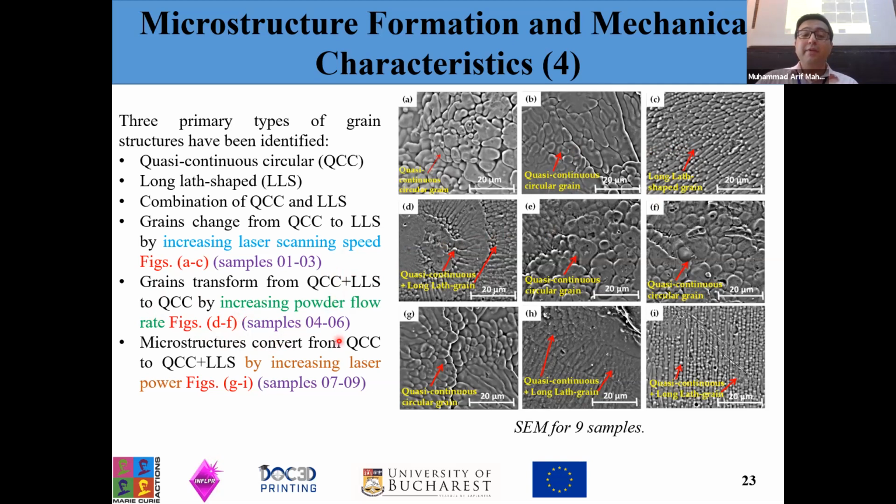And when we are increasing the powder flow, the grains changed from a combination of quasi-continuous circular and long lath shape to quasi-continuous circular, which can be identified in figures D to F. And when we were increasing the laser power, the microstructure changed from quasi-continuous to the combination of quasi-continuous and long lath shape, as presented in figures G to I.